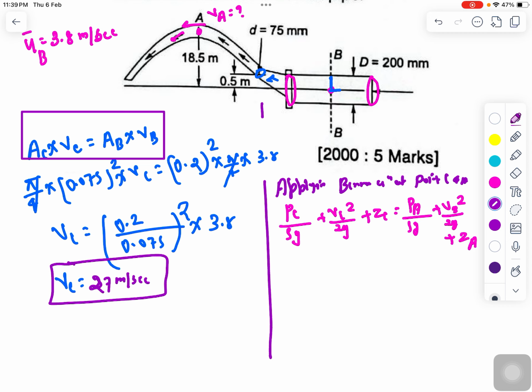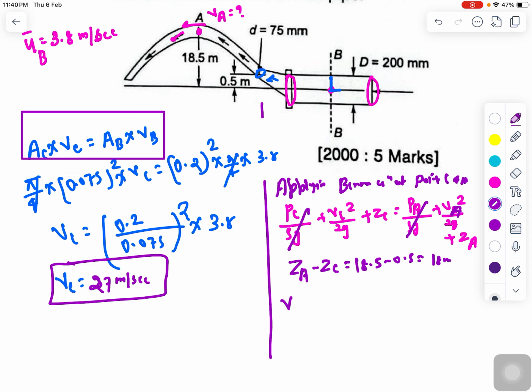Is that clear? Okay, so since both of these are in open atmosphere, obviously PC by rho g and PA by rho g will be P atm by rho g, so it will get cancelled out, and we are supposed to calculate VA square by 2g or VA. So what is ZA minus ZC? ZA minus ZC, obviously from the figure you can see 18.5 minus 0.5, that is equal to 18 meters.